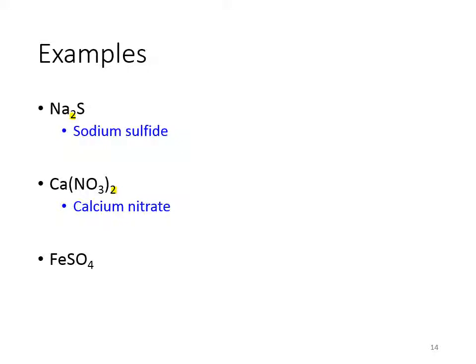But if you look in the periodic table, iron is in that section of transition metals. So it's possible that it forms more than one stable ion, more than one charge is possible. So when we name this, we can't just call it iron sulfate. We need to indicate how many positive charges the iron has here. The way to figure that out is by looking at what it's combined with.